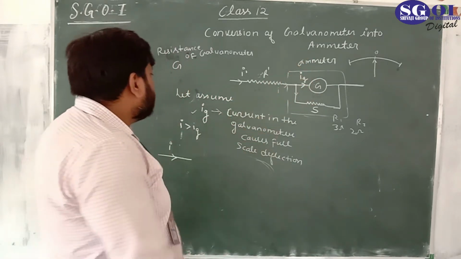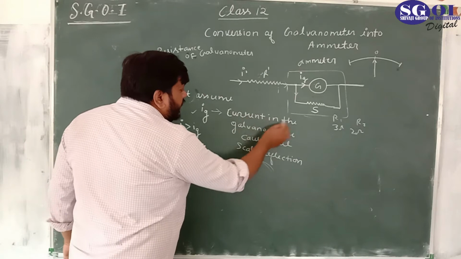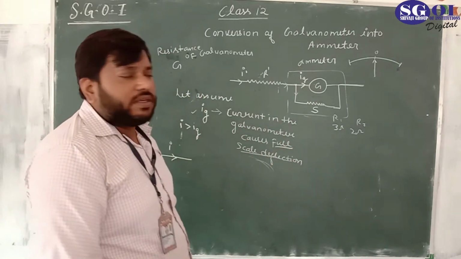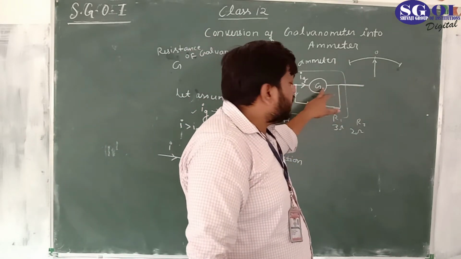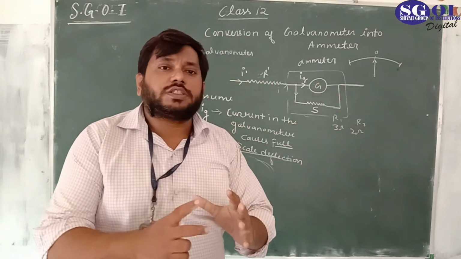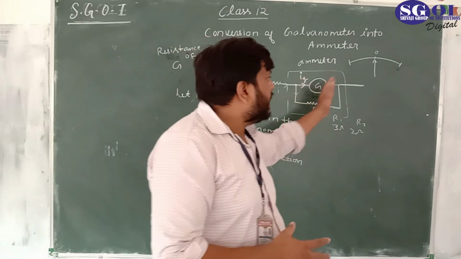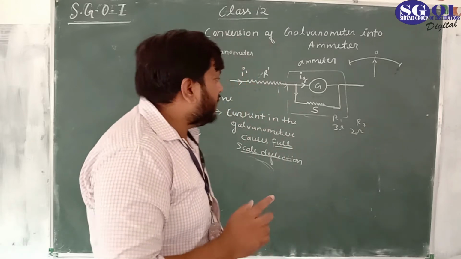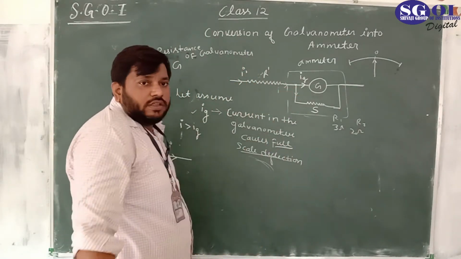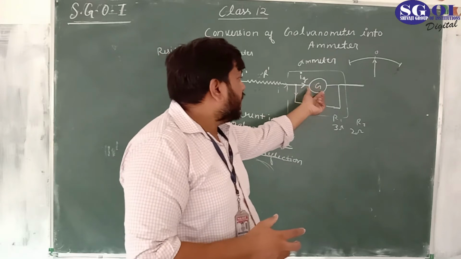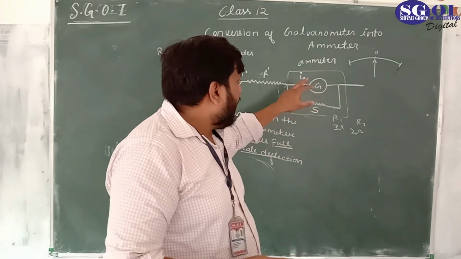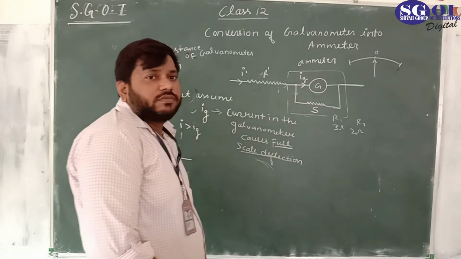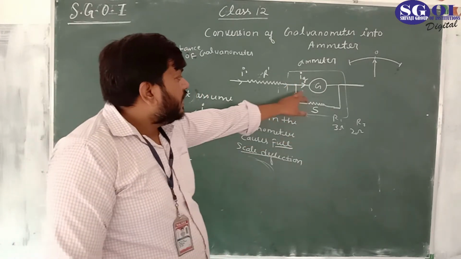Ig is the maximum current in the galvanometer that causes full scale deflection. And when would the full scale deflection happen? When the current Ig passing in the galvanometer is maximum, then that current would produce full scale deflection. This is the limit. The current flowing in the galvanometer cannot exceed this particular current Ig.